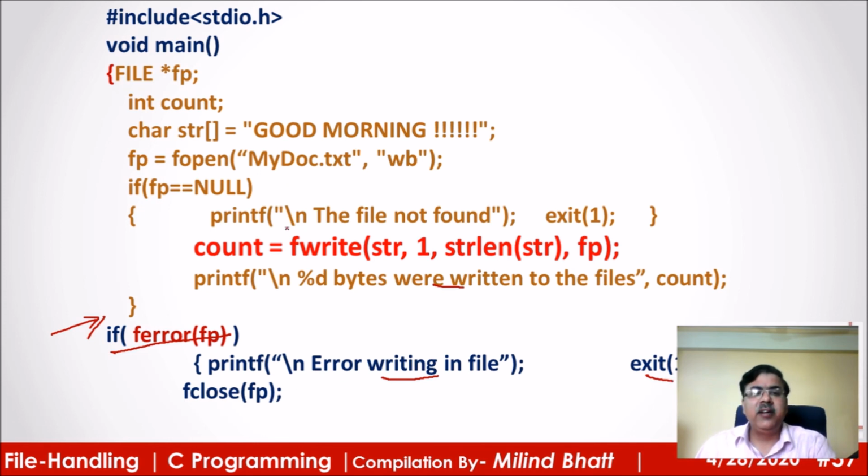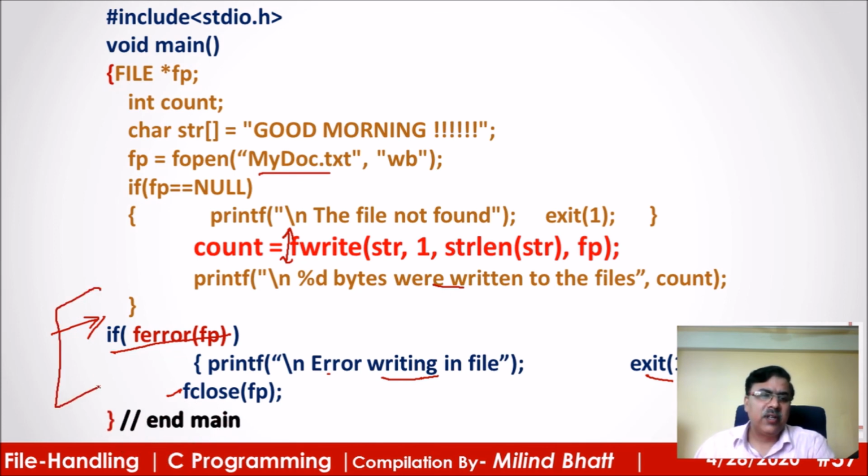So when you see the message error writing in file for the file my.txt, you can easily identify that there is an error in the fwrite function in my program. Close the file, close the main, and this way you can check whether an error is there or not.